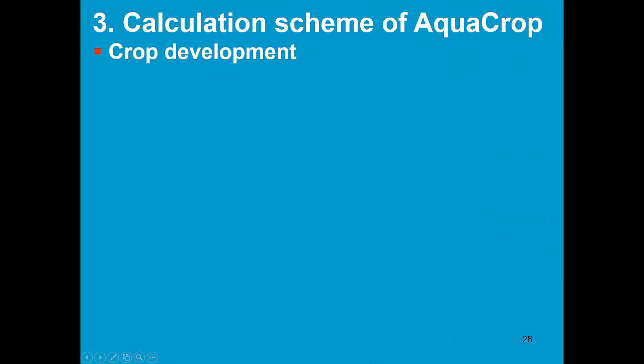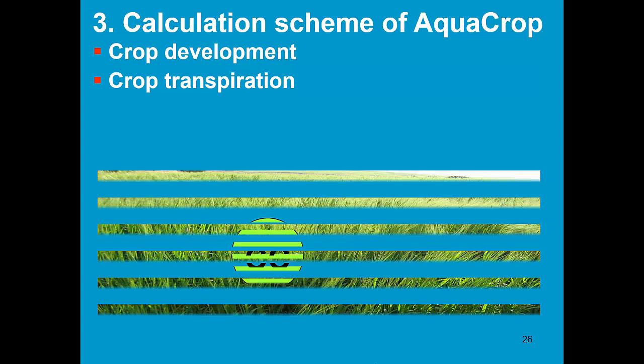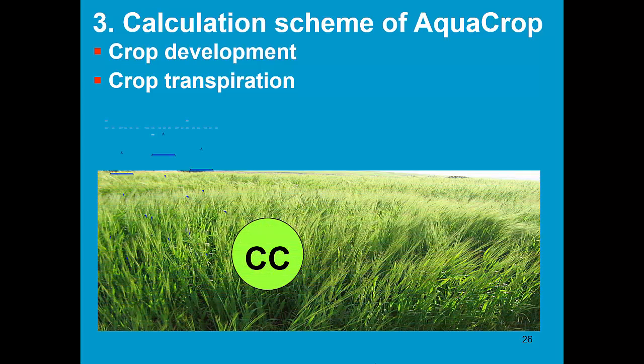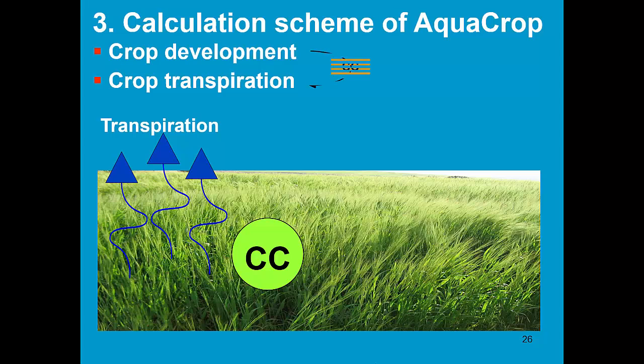After the simulation of crop development in step number 1, we move now to the simulation of crop transpiration in step number 2. Crop transpiration consists of the vaporization of liquid water and the vapor removal to the atmosphere. It is proportional to Cc.